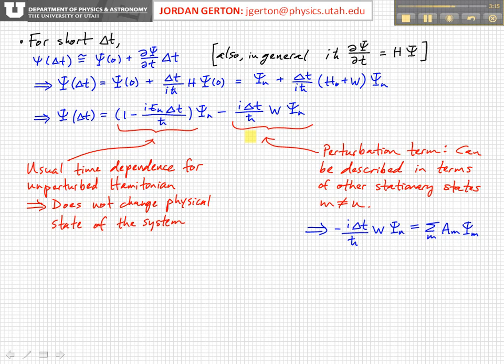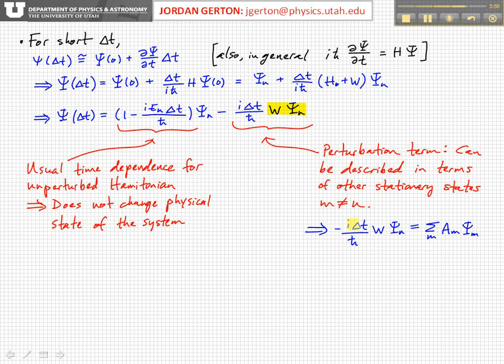We know, since the psi sub n's are a complete orthonormal set, that any function can be described as a linear superposition of each one of these eigenstates. So this new wave function, which is this operator acting on an eigenfunction psi sub n of the unperturbed Hamiltonian, can be described by a superposition of the eigenstates of the original system.